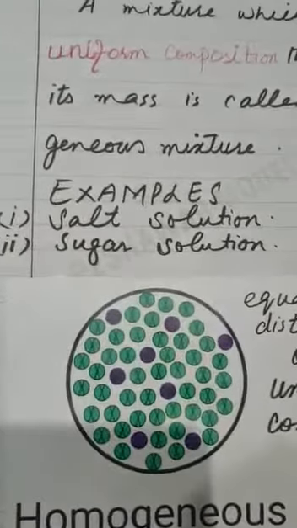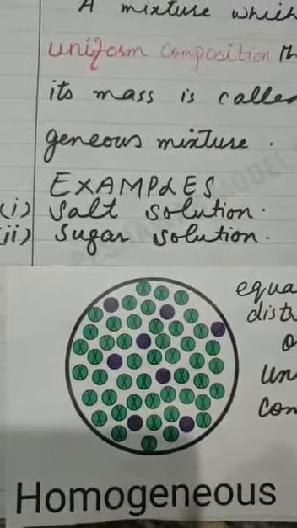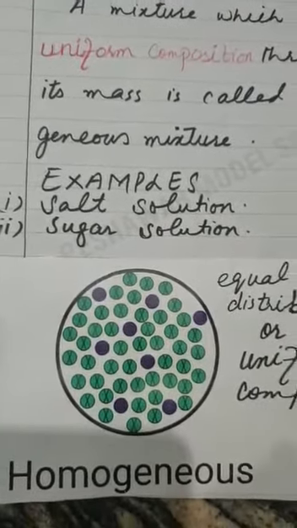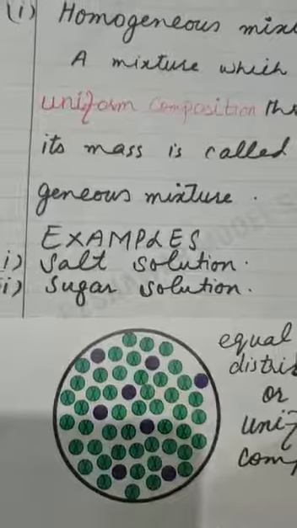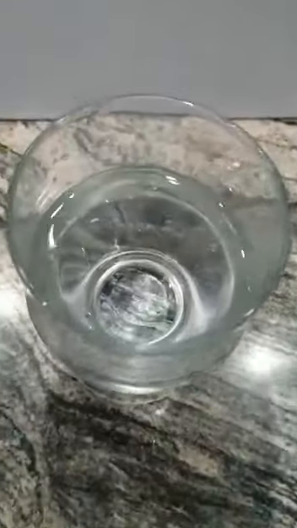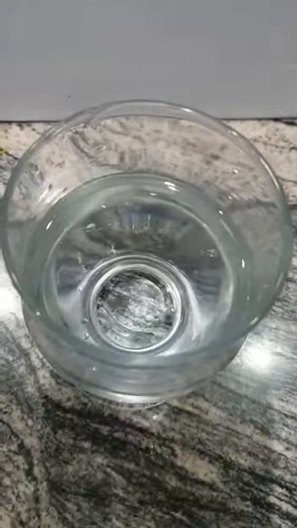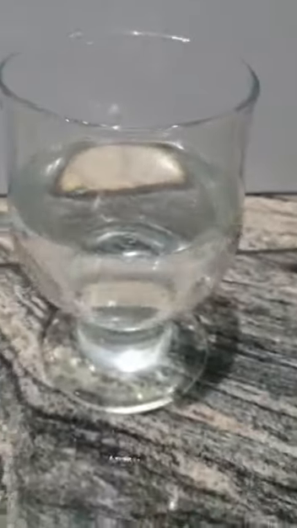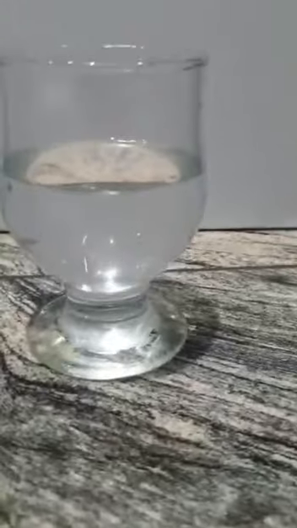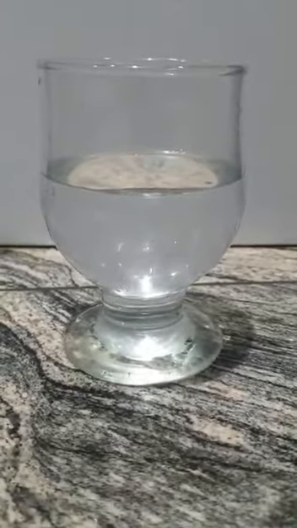So the mixtures which have uniform compositions are known as homogeneous mixtures. For examples, we discussed salt solution and sugar solution. After that, we performed some activities by dissolving salt and sugar in water. Inside the water, we mix salt, and in that mixture, you will notice that there are no salt particles visible to you.